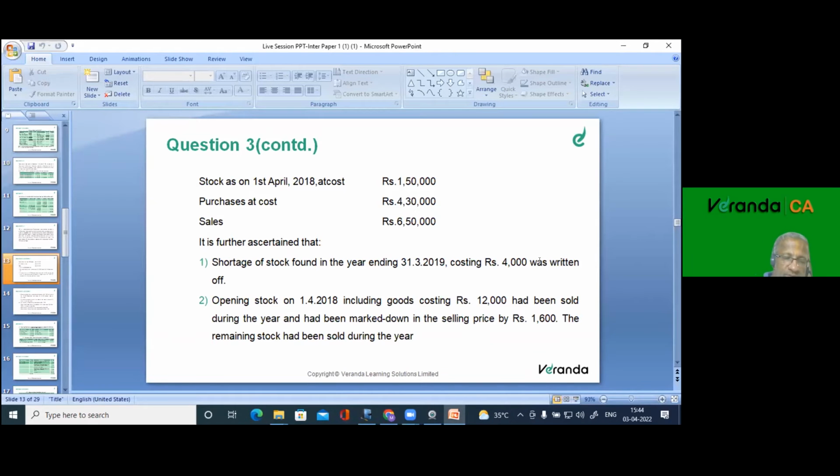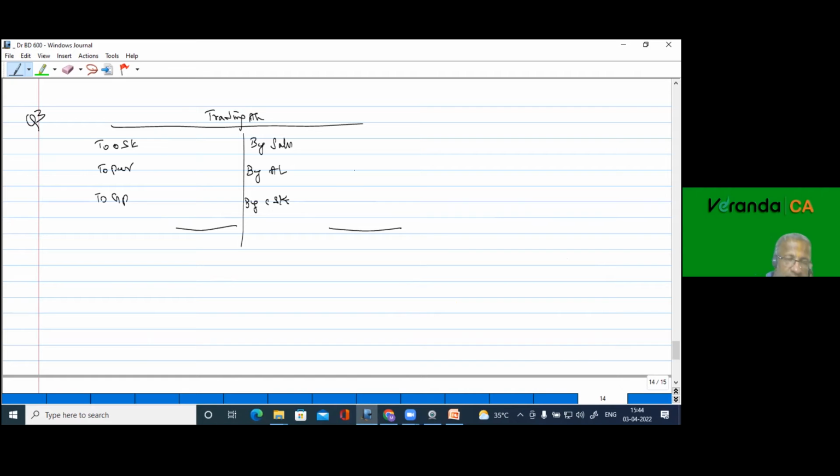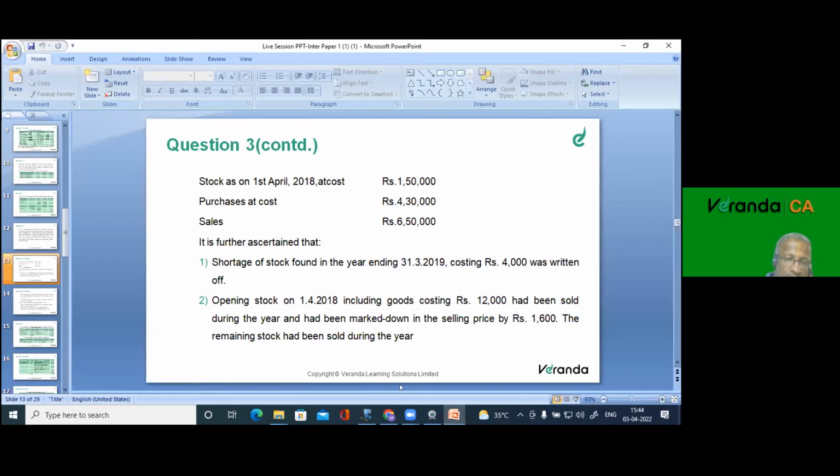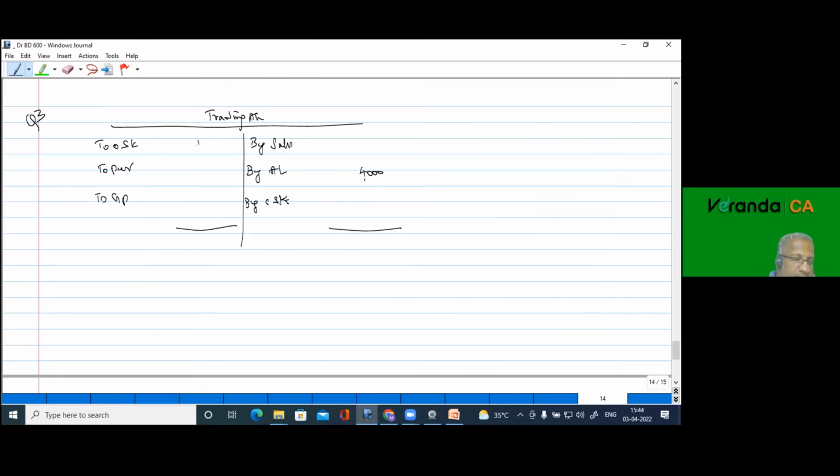So shortage of stock costing 4,000. Opening stock 1,50,000, purchases 4,30,000, sales figure of 6,50,000.